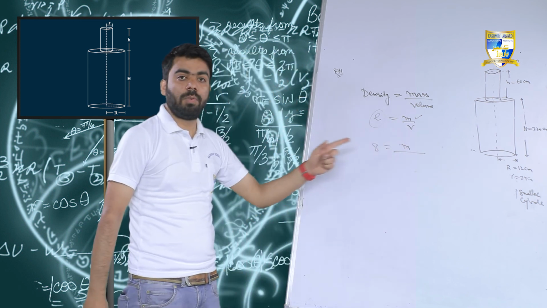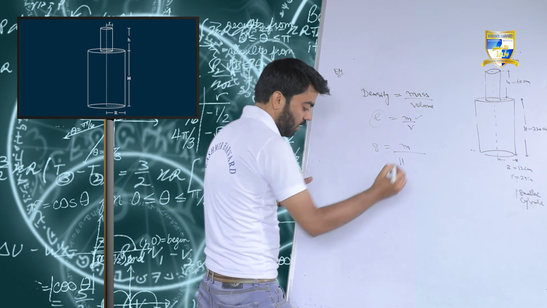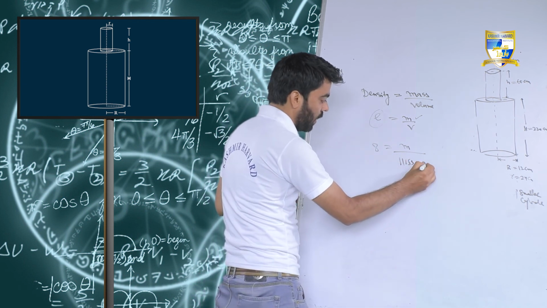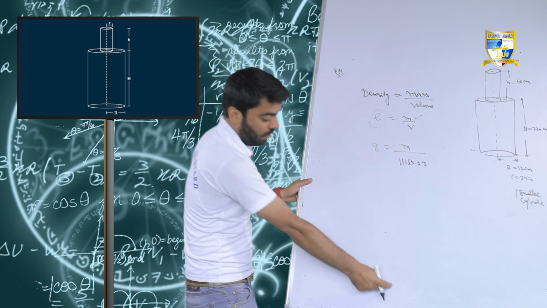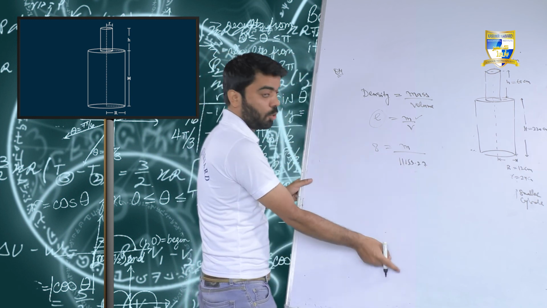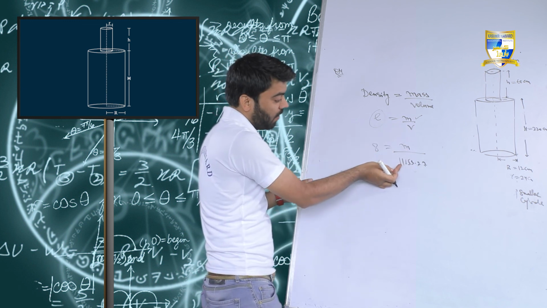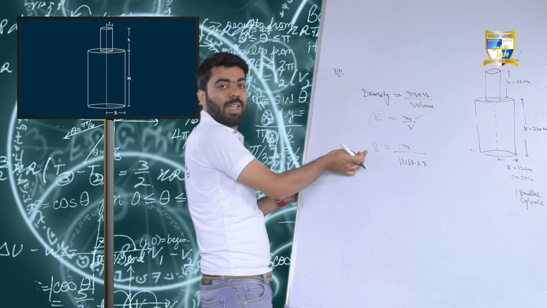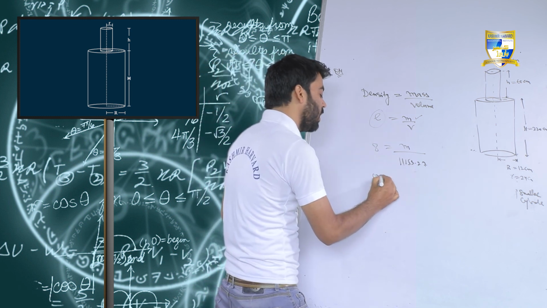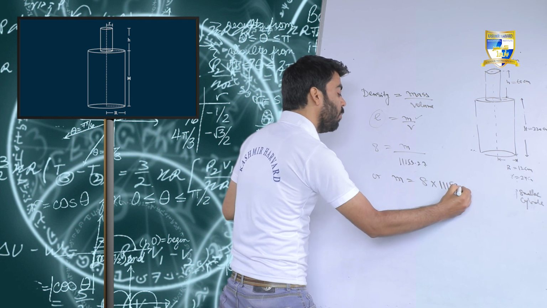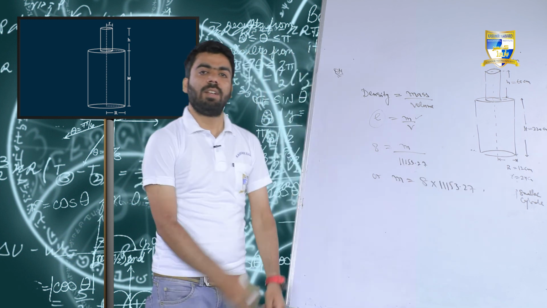What was the volume? That was 111532.8. Please do it; I have done this here. Substitute that value here, and multiply by 8, or we can say m is equal to 8 multiplied by the volume, right?